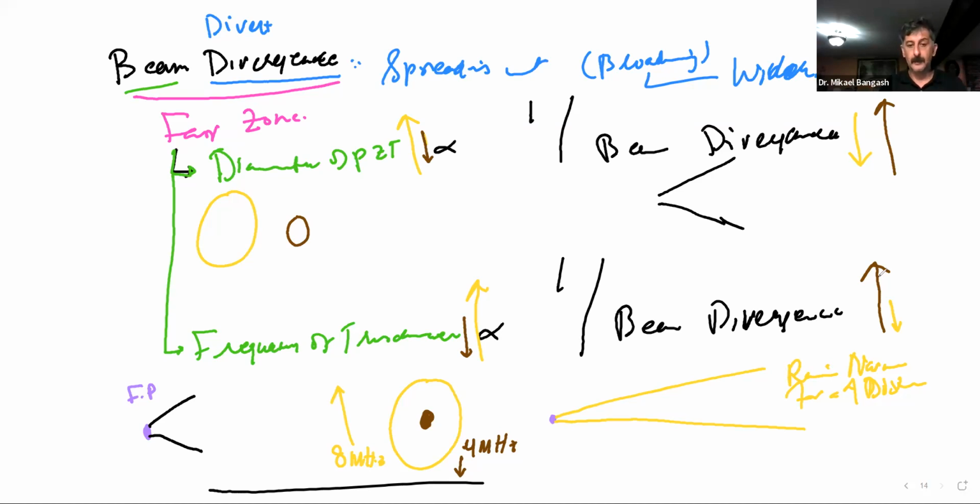And what would that mean? If this was our focal point, clear, and all this over here is the far zone, the beam would diverge like this. Did that make sense?